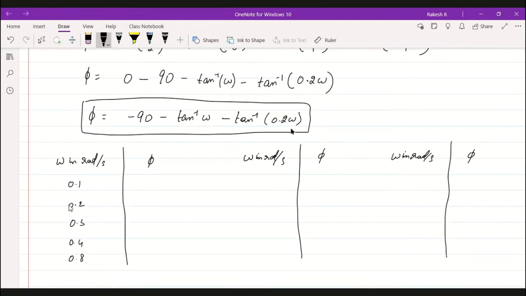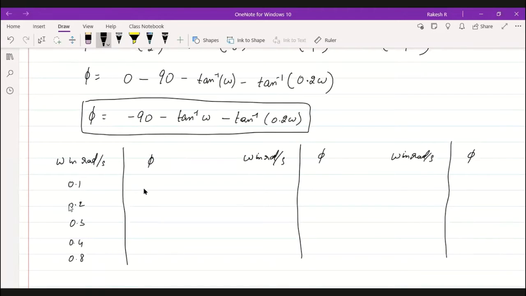I want everyone to use your calculators and solve. I have typed the complete equation, minus 90 minus tan inverse of omega and minus tan inverse of 0.2 omega, with x in place of omega. Now press calculate and give x as 0.1.